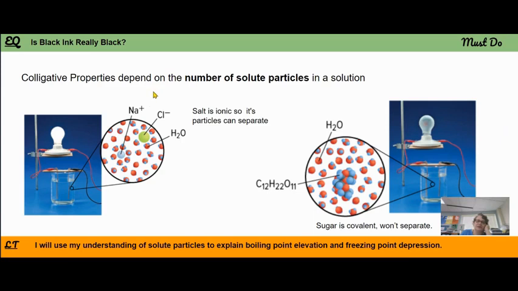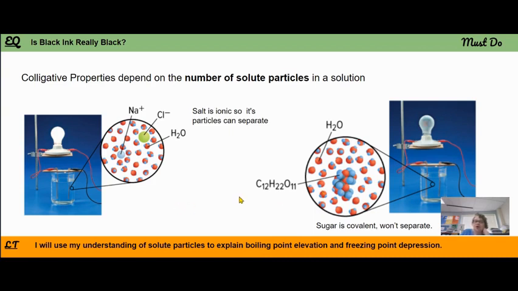Okay. Colligative properties depend on the number of solute particles in a solution. If we look at sodium chloride, the number of particles here is 2, because the sodium and the chlorine can break into ions. If we look at sugar, the number of particles is 1, because sugar can't break down into singular ions or singular particles.